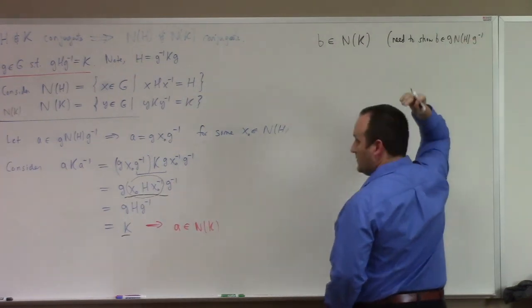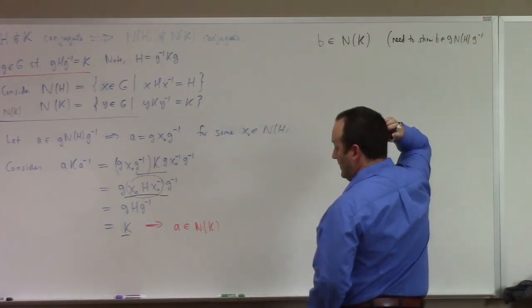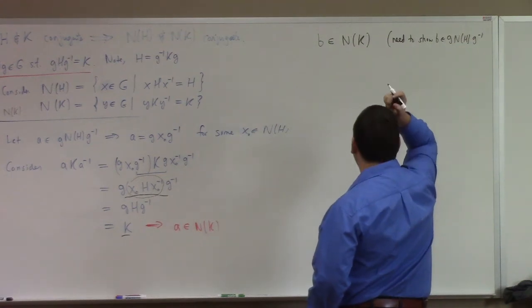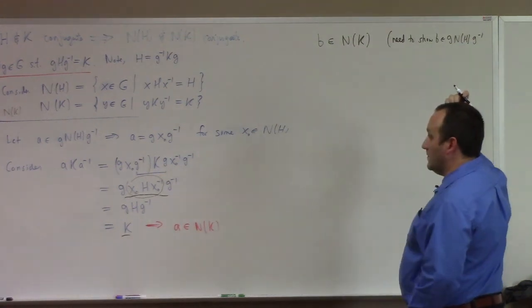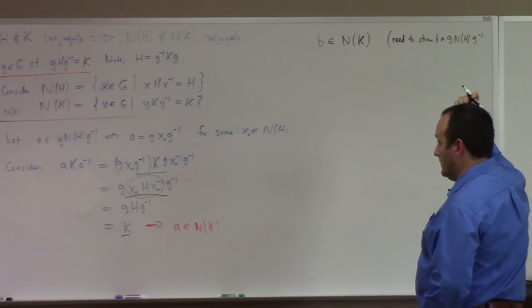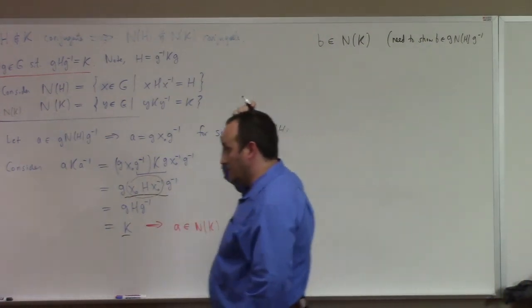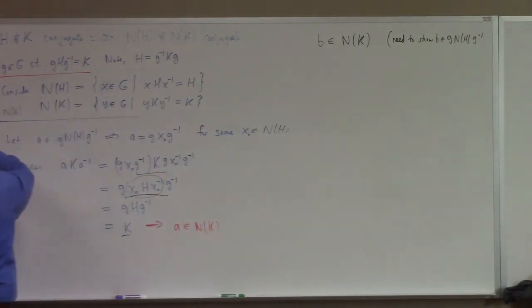What do I have to work with? But does that need to be backwards? Like, does that have to be G inverse N of H G? I mean, I'm trying to show equality of these sets, so I better not do that.